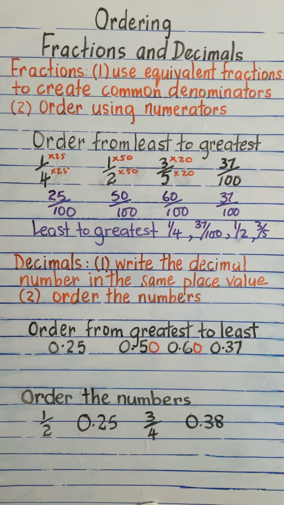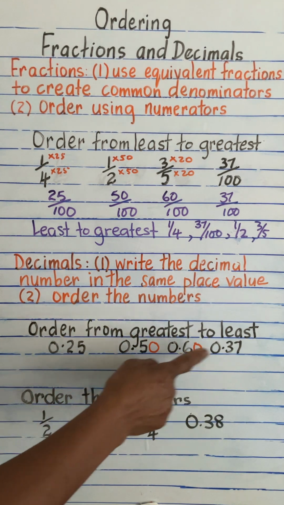So now we have 0.25, 0.50, 0.60, and 0.37. And we're going to order these numbers from greatest to least.